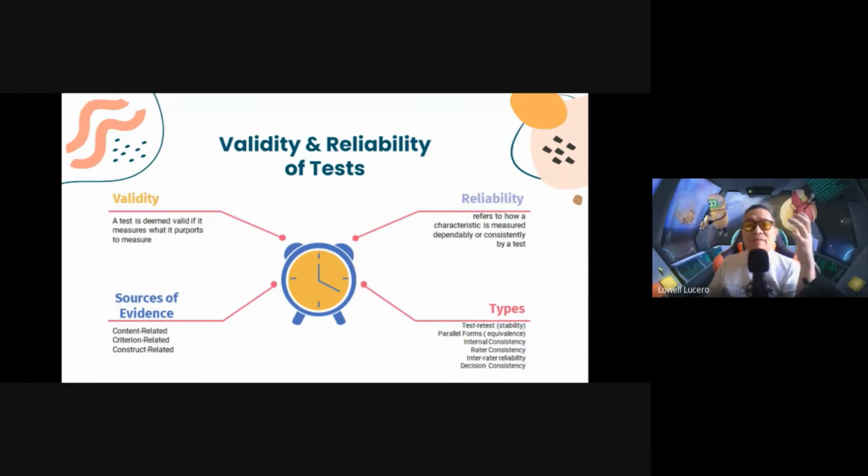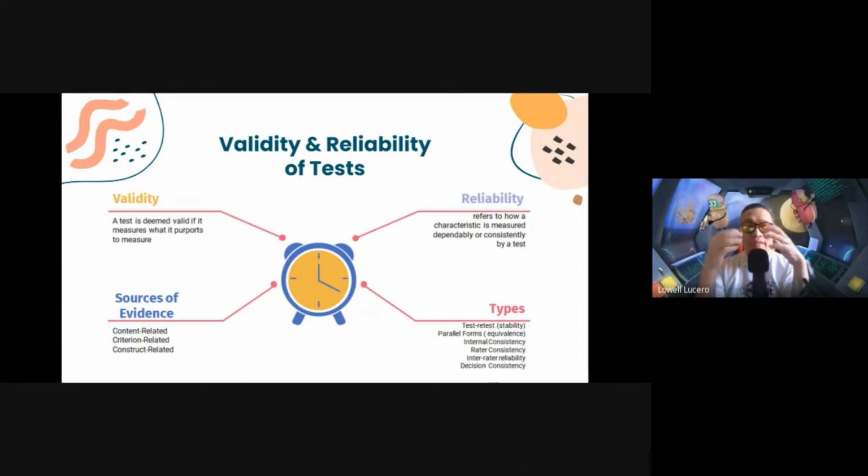A test is valid if the test measures what it intends to measure. Meaning, the purpose of the test is really for that purpose, and the outcomes relate to that purpose, then the test is valid. Reliability is different. Reliability refers to how a characteristic is measured, or dependability or consistency.